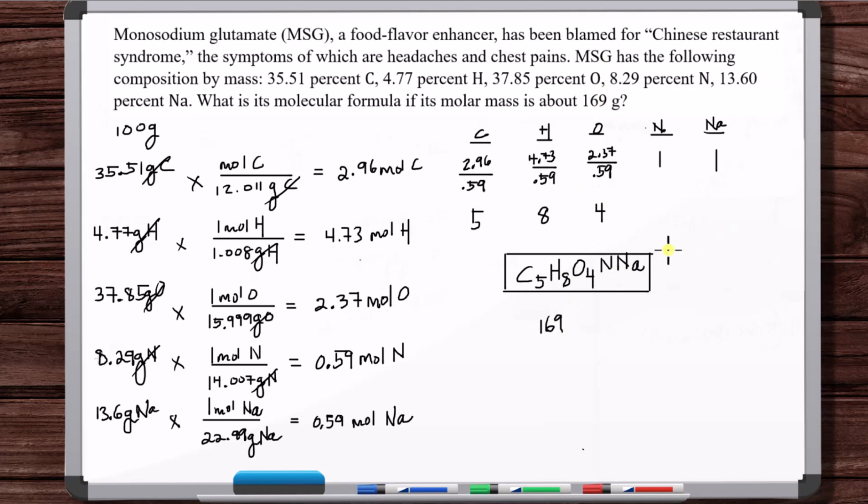So this is also the molecular formula. But let's say the molar mass was 169 times 2, like 300 something. We would divide that by 169 and we would see it's 2. Then to get the molecular formula, you just multiply this times 2. It would be C10H16O8N2Na2.